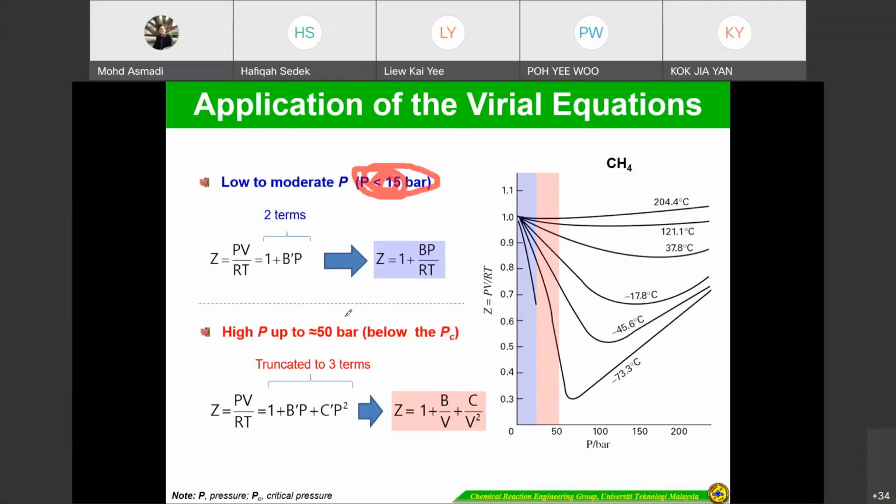Tapi kalau up to 50 bar, okay, 15 to 50 bar, below than PC, you kena guna yang 3 truncated. Sebab dia punya intermolecular interaction tu makin tinggi repulsion and attraction lah. Okay. Makin visible, makin significant. Okay, faham?